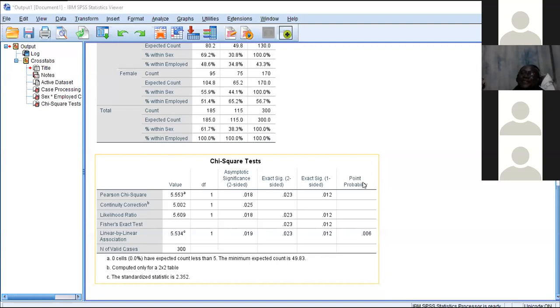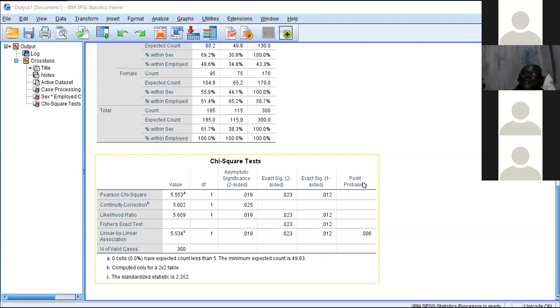So if the expected value is less than 5 in 1 cell out of 6 cells, the chi-square is still valid, because that 1 cell is not more than 20%.